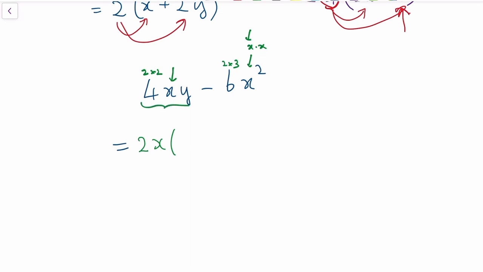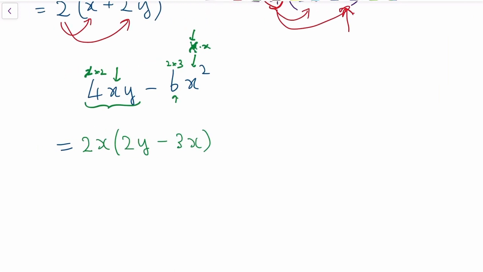Then we ask, in 4xy, if we take out 2 and x, what's left? Well, 4 is 2 times 2, one of the 2s is gone, so we have one more 2. We also take out x, so y is left. Minus. From 6, if you take away a 2, 3 is left. In x squared, if you take away one of the x, then we have another x left.